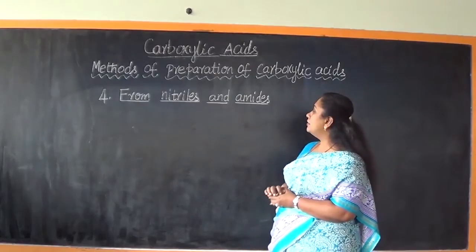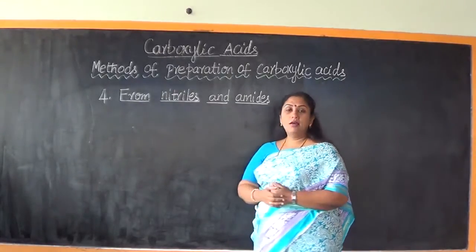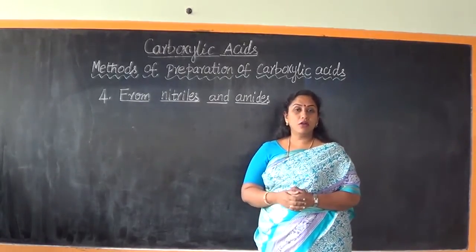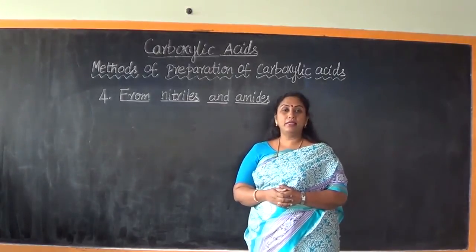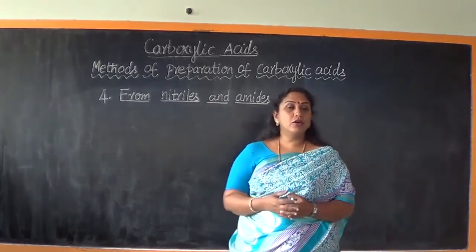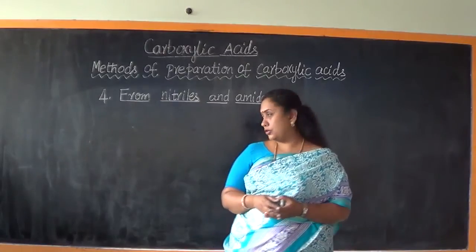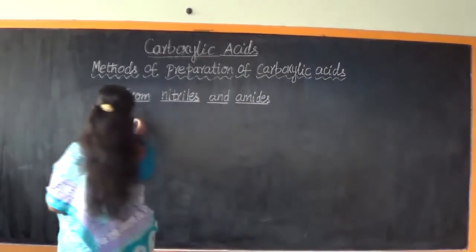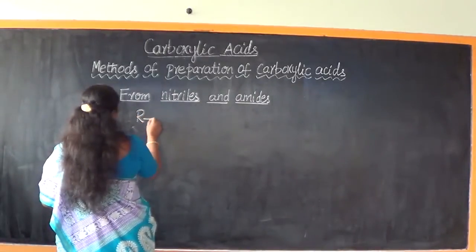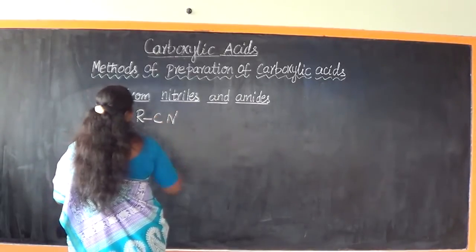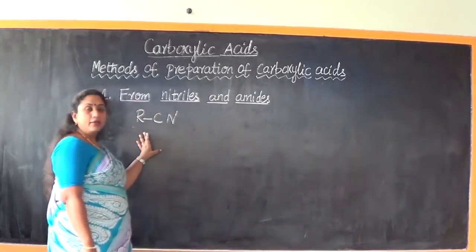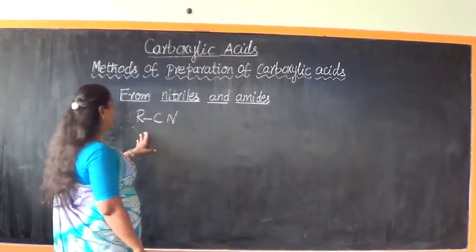Okay, so now what are nitriles? Organic cyanides are called nitriles. I repeat, organic cyanides are referred to by the name nitriles. RCN is an organic cyanide general representation.